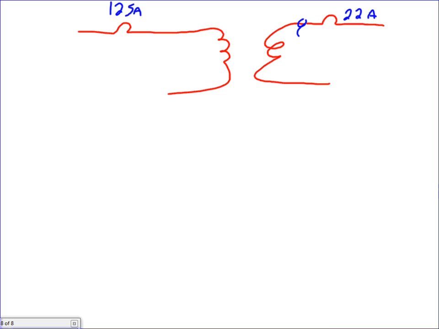The primary conductor is number 2, and the secondary is number 4. Look at this carefully, guys.